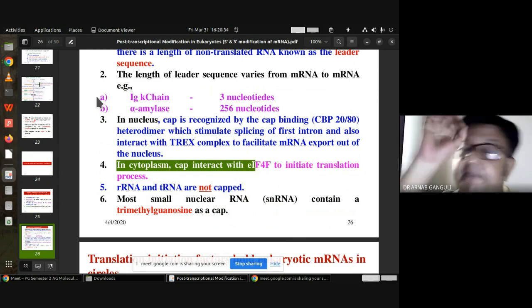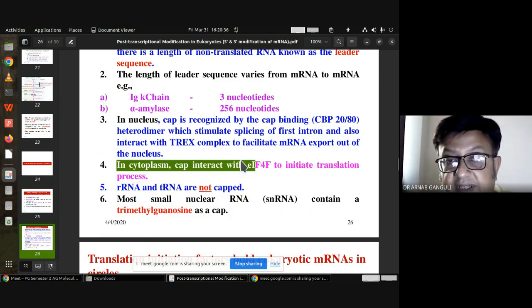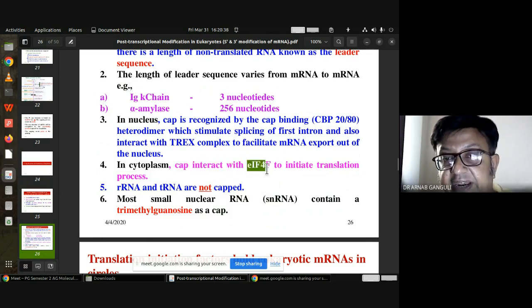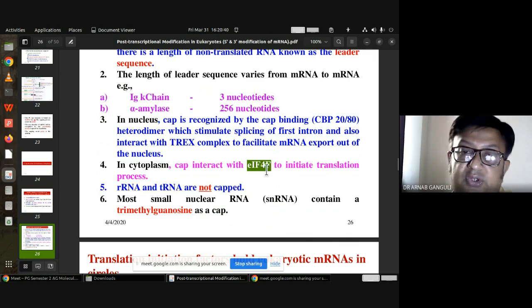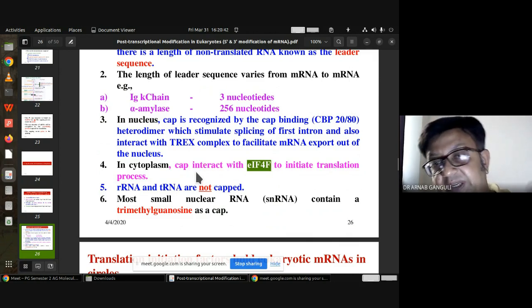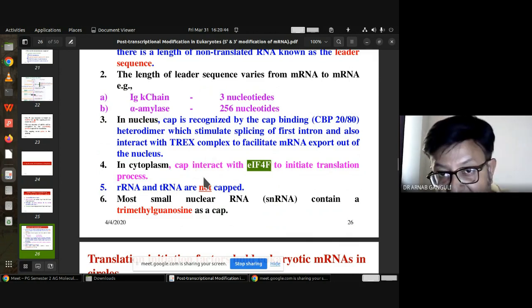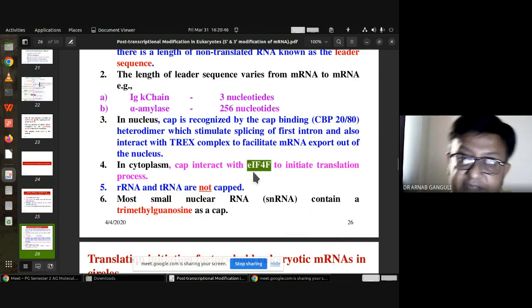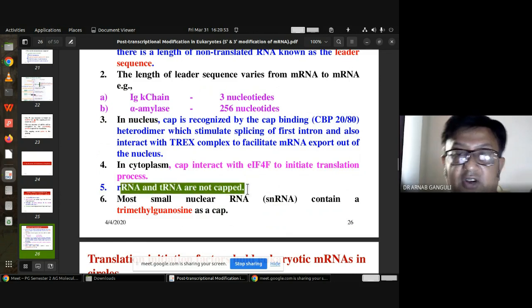You have to remember all these points. So the cap, before translation, interacts with this initiation factor 4. Ribosomal RNA and tRNA are not capped.